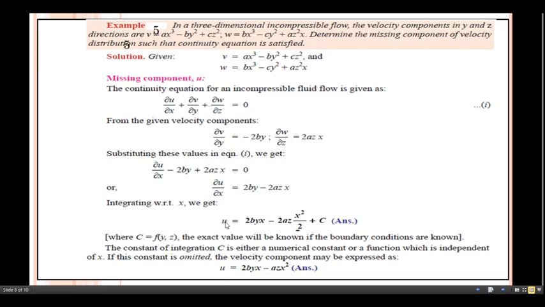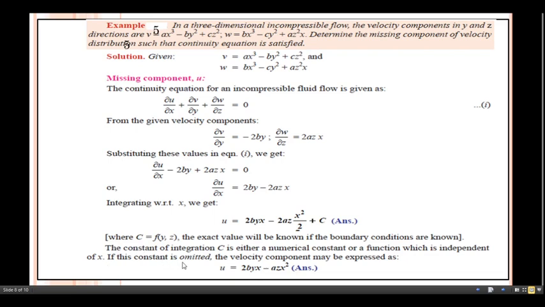this component is along the x direction, it means c should be a function of y and z. The exact value will be known if the boundary conditions are known. The constant of integration c is either a numerical constant or a function which is independent of x.